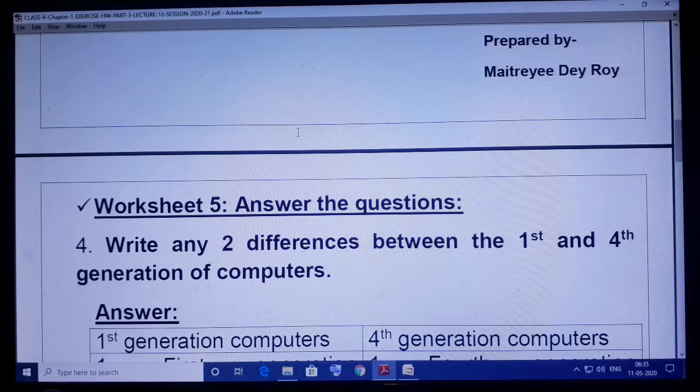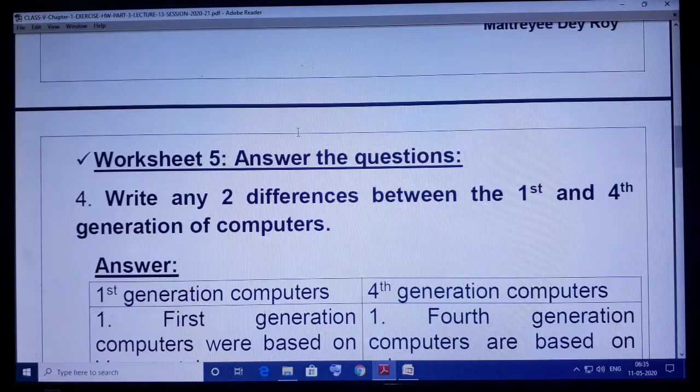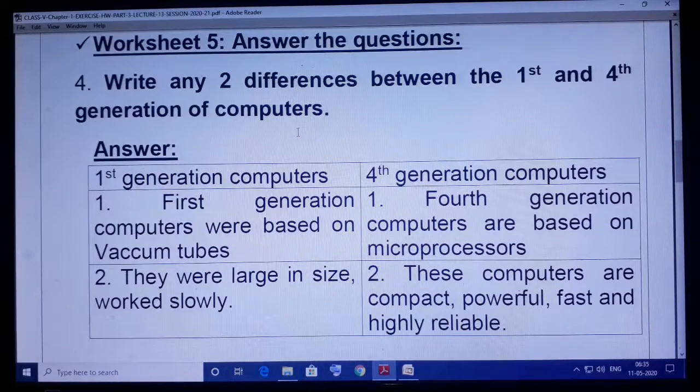So let us see how I have prepared the differences using a table. Here you can see first generation computers and fourth generation computers. The first point is that first generation computers were based on vacuum tubes and fourth generation computers are based on microprocessors.